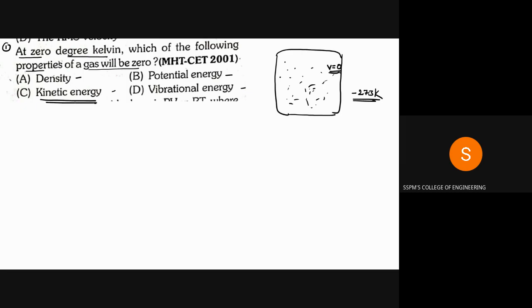So always remember, at absolute zero temperature the gas will not have any kinetic energy. So the correct option is option C, kinetic energy is zero at absolute zero temperature.